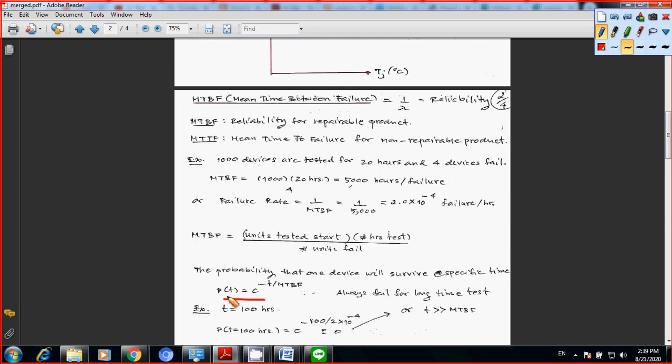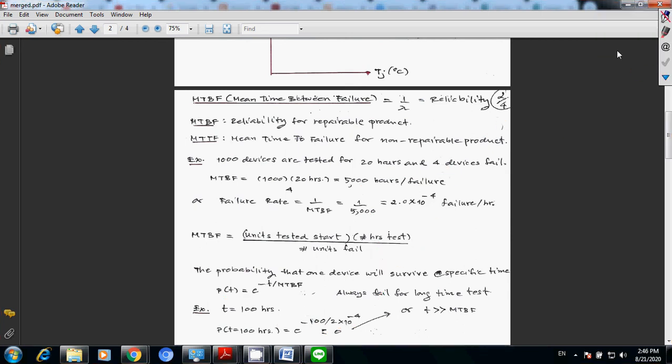Let's take a look. From the previous calculation, you have MTBF become what? I think I put this wrong. Sorry about that. MTBF is supposed to be 5,000 hours. So let's take a look at when your operating time is equal to MTBF.